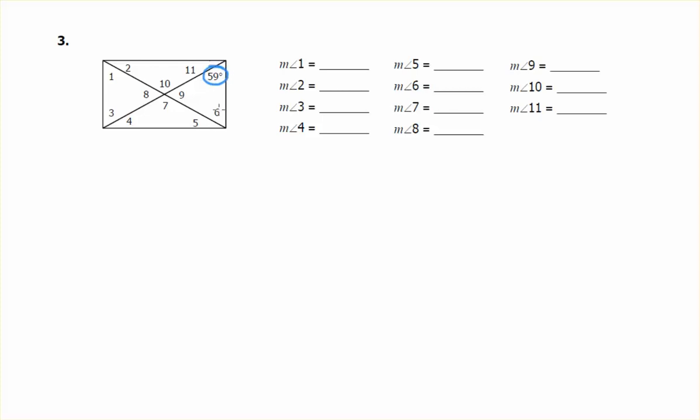If this is 59 degrees, then I know that angle 3 also has to be equal to it, since a rectangle is still a parallelogram. These two angles would be alternate interior. And also, angle 1 and 3 are congruent, since these diagonals are all the same.